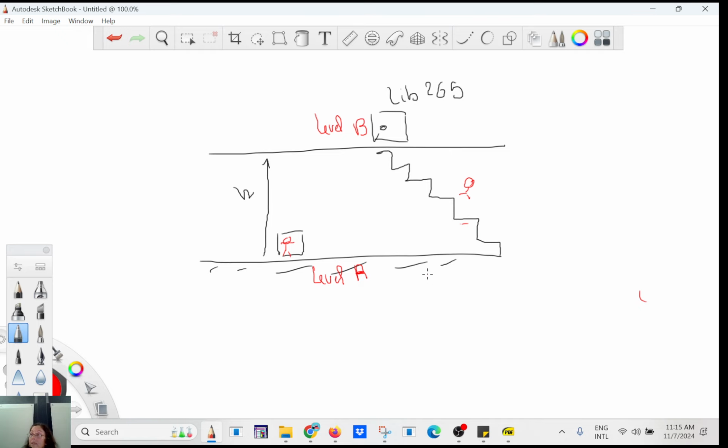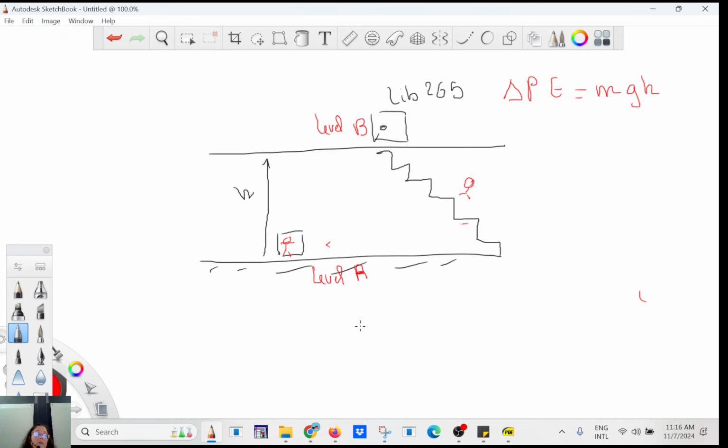The potential energy, and that will be true for any kind of potential energy, only depends on the initial point or configuration and the final point or final configuration. So in both cases, the change in potential energy will be the mass of the students times g times h.